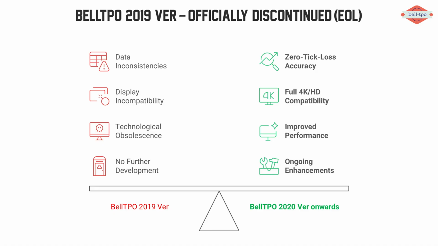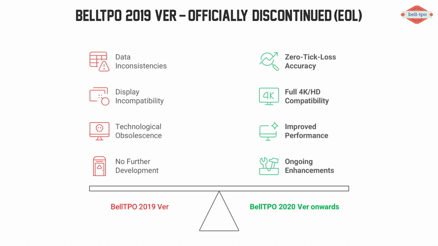And of course, there are also some major critical improvements when comparing the 2019 and 2020 versions. Display incompatibility with modern monitors was an issue with the 2019 version. In 2020, we optimized for 4K or high definition displays and higher resolutions.